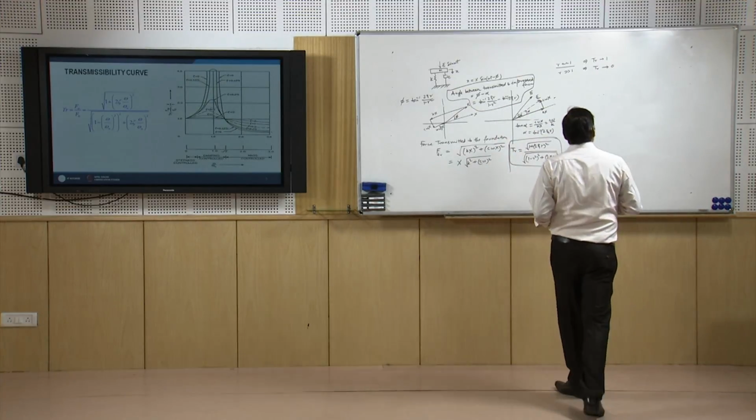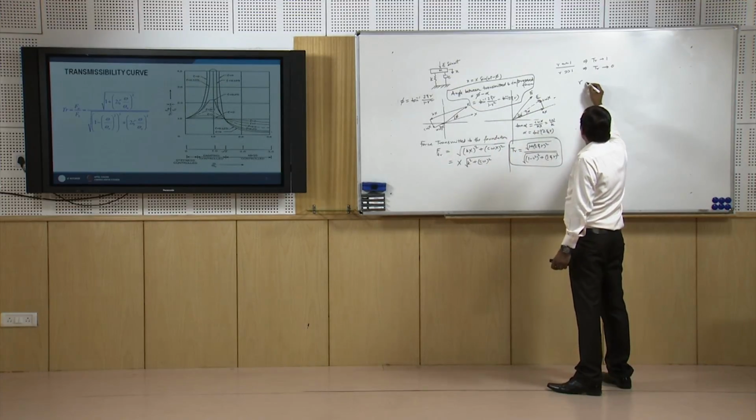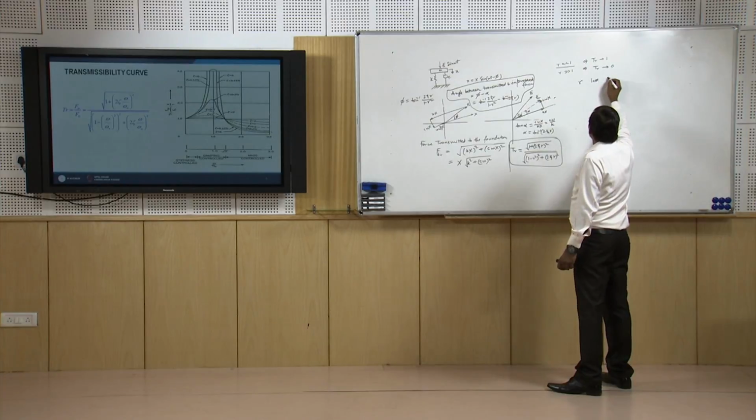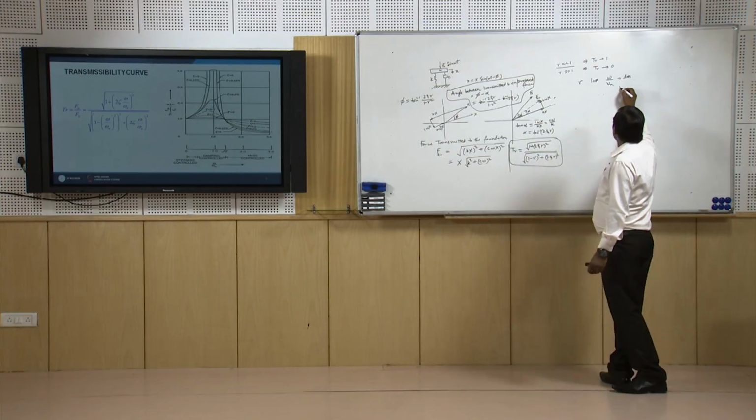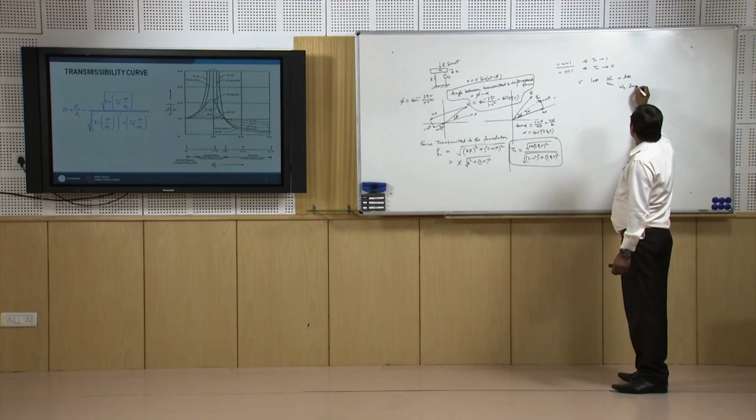It means when r is very small, omega by omega n is small, so omega n is large, and omega n equals root k by m.